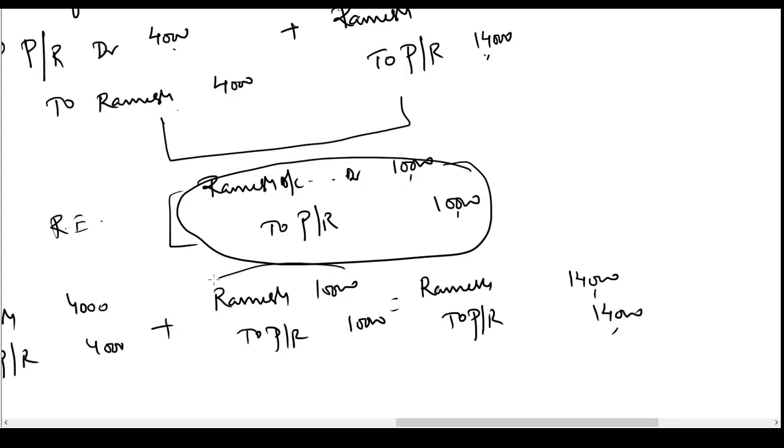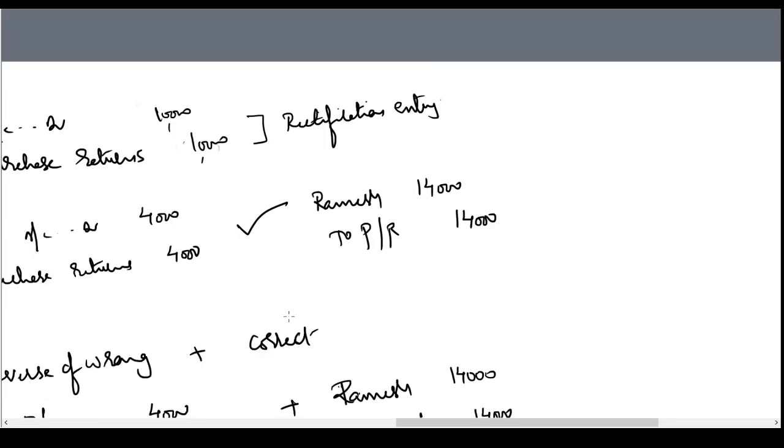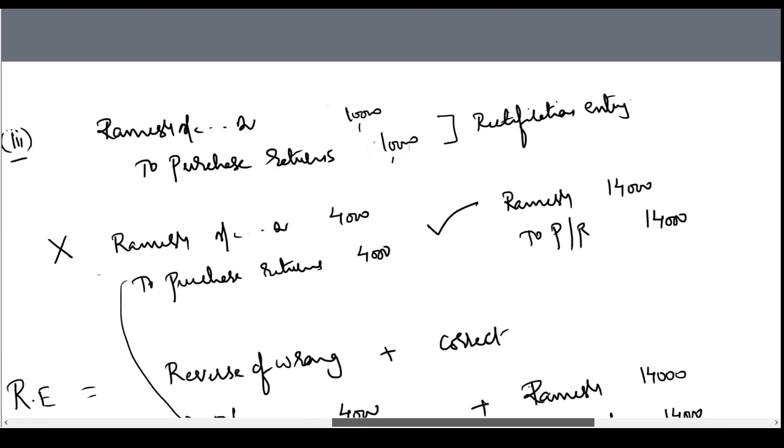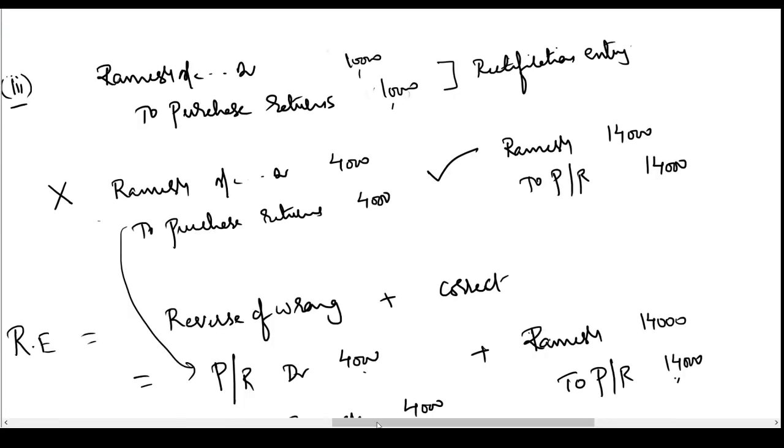So this is the rectification entry I propose to pass in my books, which logically also we arrived at using our logic. We said 4,000 is already recorded, the balance 10,000 will now be recorded, and the error will be rectified.